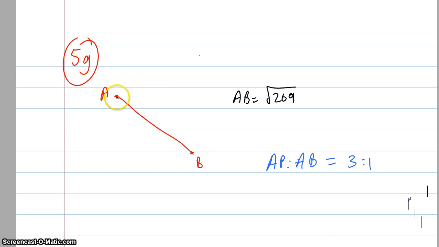So that means that P actually has to be all the way down here somewhere, to be 3 times as big. But if you go through the same processes, and you still get the same original length, then the length A to P is actually 3 times this, rather than 3/4 as in the last question.